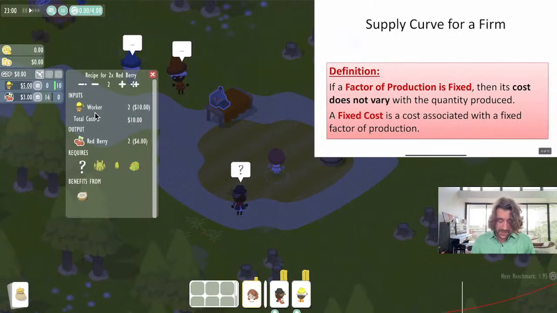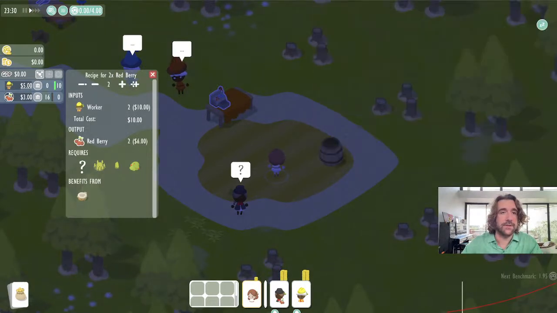We also potentially have factors of production that are fixed. Their cost does not vary with the quantity that is produced. Now, in this particular example, the barrel here and the trade table here are fixed factors of production. Let me close this for a second so you can see where I was pointing with my mouse.